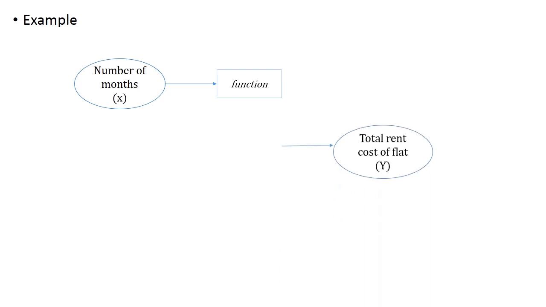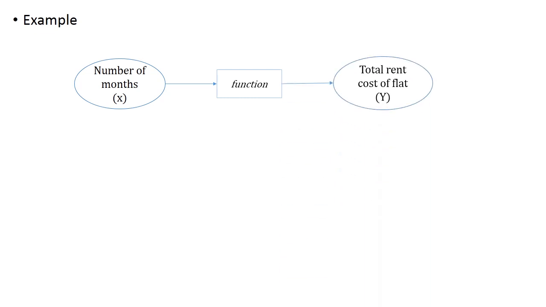Let's take an example to show you how to write a linear equation and to understand each term in this equation. For example, if we have an input variable x, which represents the number of months, and it is entered into a function to get an output y, which represents the total cost of a rented flat.